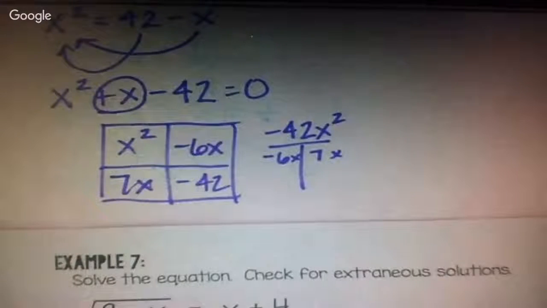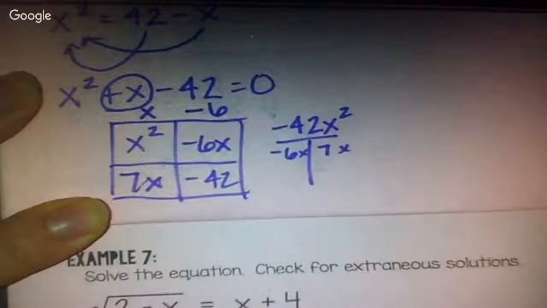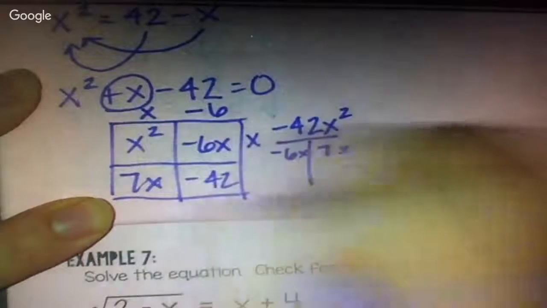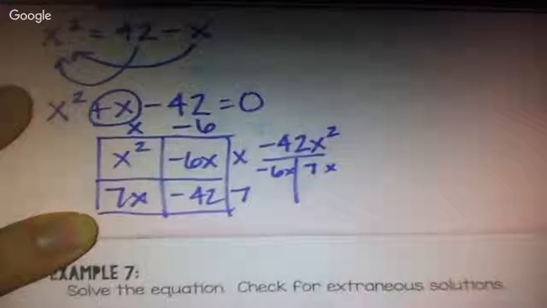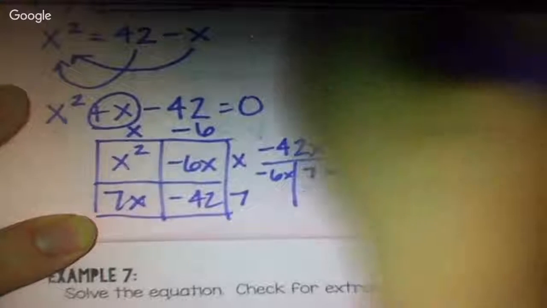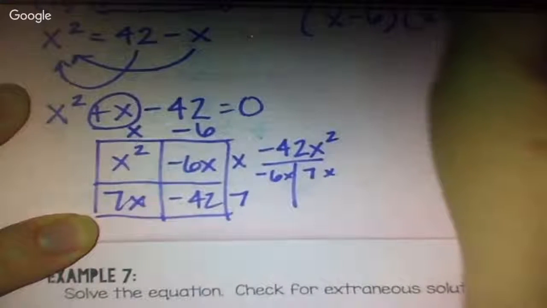Then we factor out. These two share an x. These two share a negative 6. These two share an x. These two share a 7. So we'd have x minus 6 and x plus 7.